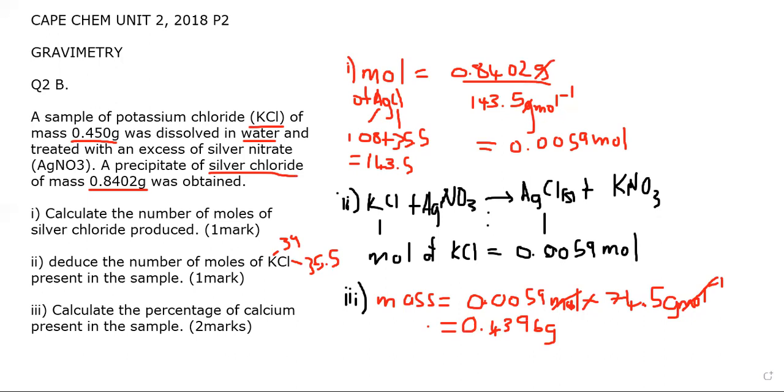And then part 4 now, well, it's still part 3. So the first thing we needed to do was to find the mass of KCl. So this is the mass of KCl. So now the percentage is the mass of the compound over the mass of the sample.